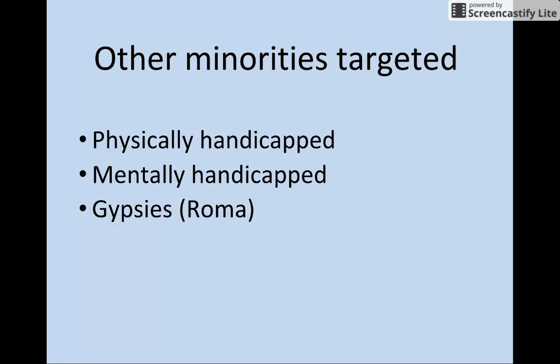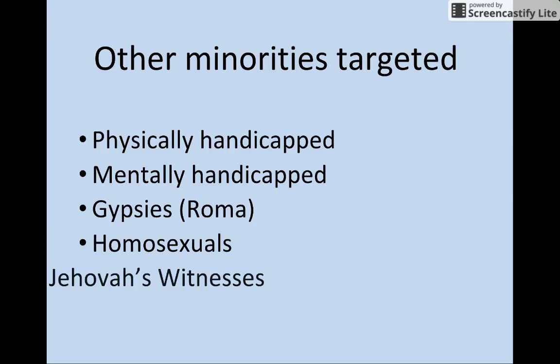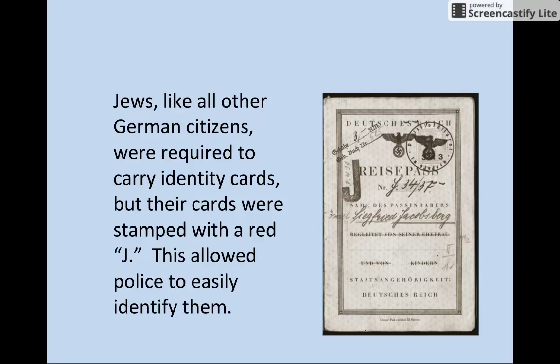They were a group of people similar to the Jews that had their own religion, and they lived all throughout Europe. They typically stuck together, and they were seen as not fitting into German society. Homosexuals and Jehovah's Witnesses, which are another religion, were also targeted as being less than Aryan.